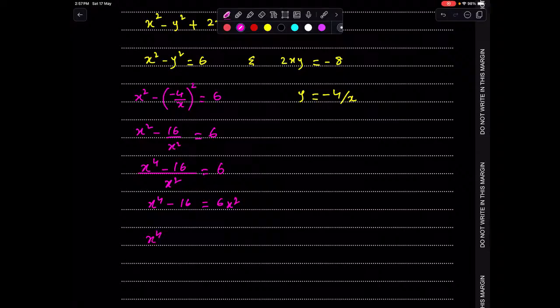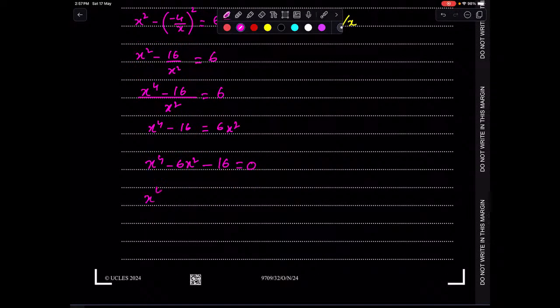Now arrange the equation to 0 and break the middle term. The factors are 8 and 2, because 8 times 2 makes 16. So we have x square common from first two terms, and from last two we can get 2 common.